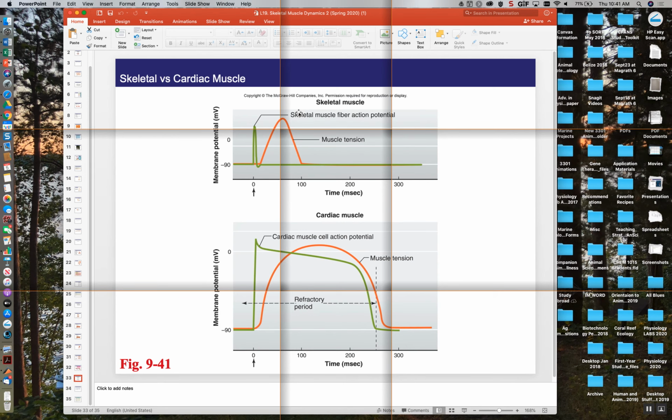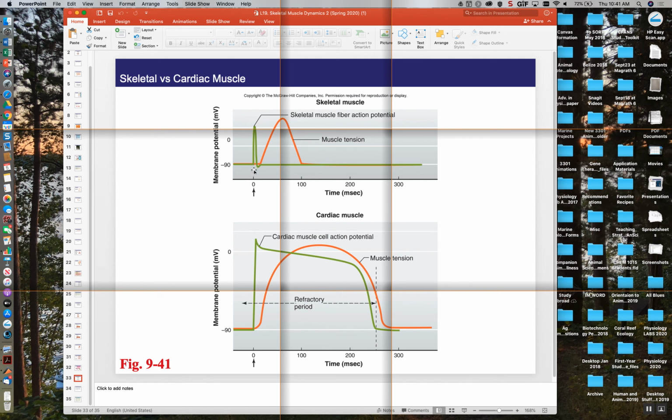All right, here's another difference that I think is really fascinating. Take a look at the top panel, which is actually what the action potential looks like in skeletal muscle. The action potential is in green, and there's hardly any hyperpolarization, as we've talked about before.